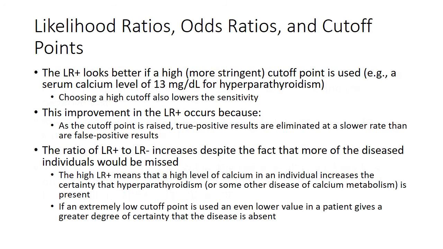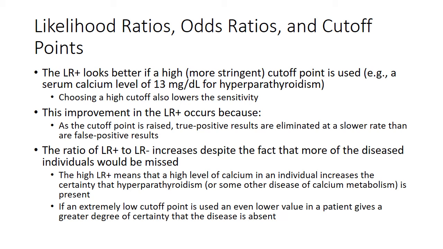So another question comes up: what if you change the cutoff point for what you consider to be an abnormal test? What if we went from, say, 11 to 13 for our diagnosis of abnormal calcium? What you'll find is that when you raise your set point for what you consider abnormal, you start to lose more of those people who actually had the disease, and so you end up lowering your sensitivity, right?